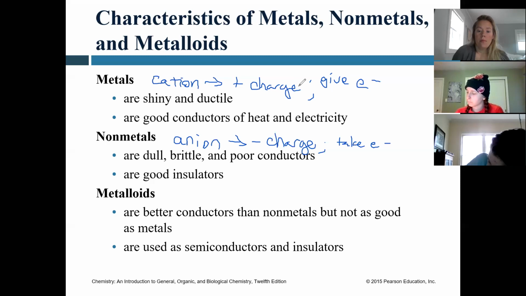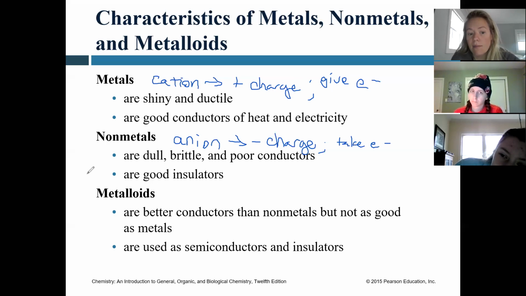Metalloids are better conductors than nonmetals, but not as good as metals, which is great because they're semiconductors. You can control their conductivity, turn it on and off like a switch, which is really great for electronics. We don't call Silicon Valley Iron Valley, right? Or a real solid metal.